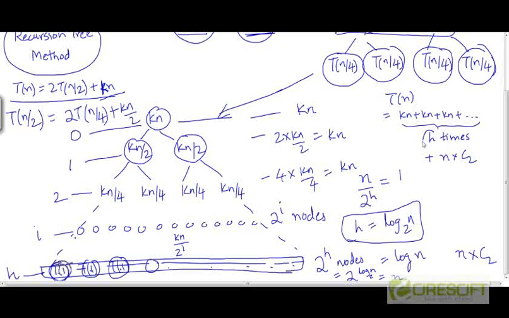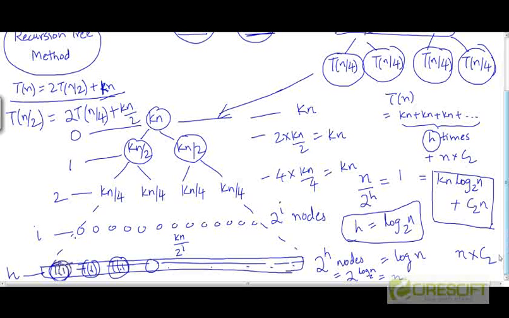Now h here is known to be log of n base 2. So T of n is going to be kn multiplied by log of n base 2 plus C2 times n. This is the value for T of n.